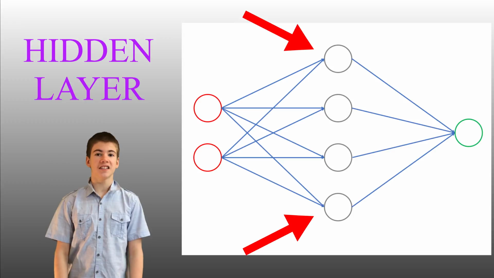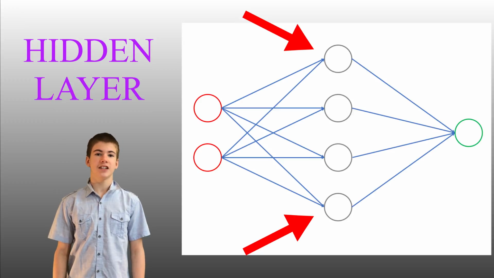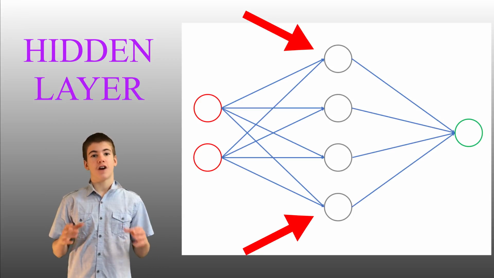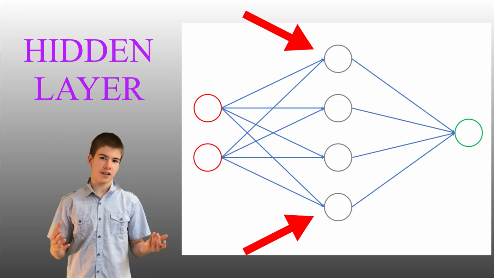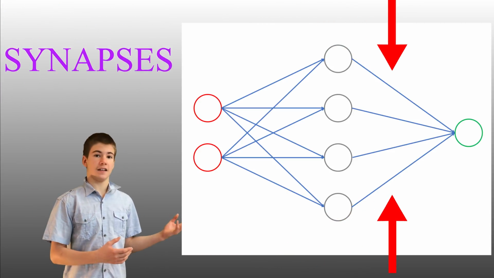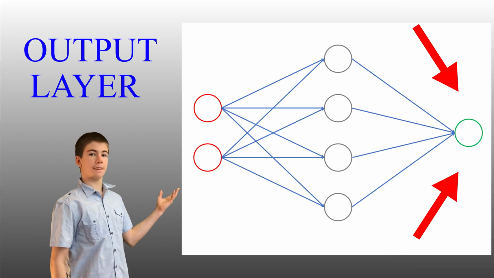The number of neurons in a neural net is fixed, and so it is generally up to the programmer to decide how many he or she might need for the specific application of a neural net. For our simple model, we won't need many neurons in this layer. Next, you have more synapses, and finally, you have the output layer and its output neurons.